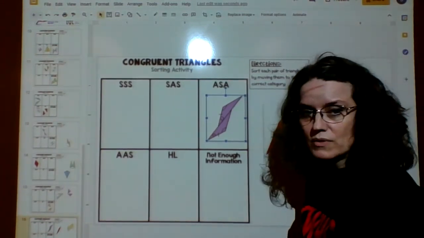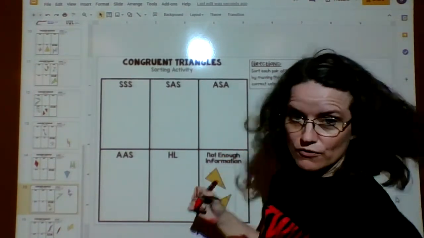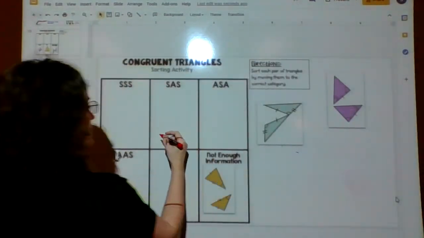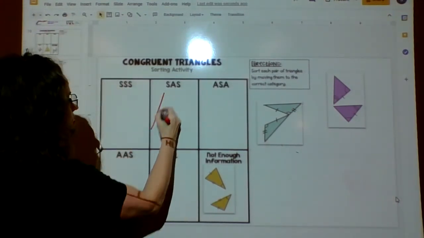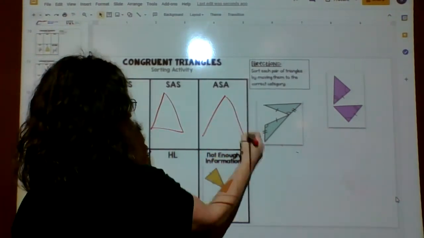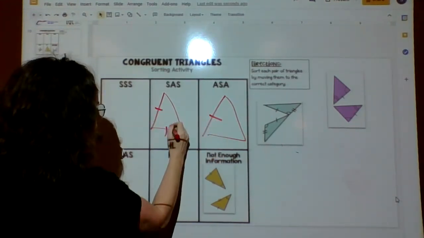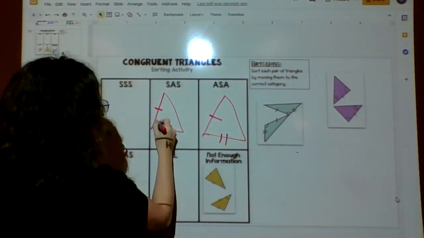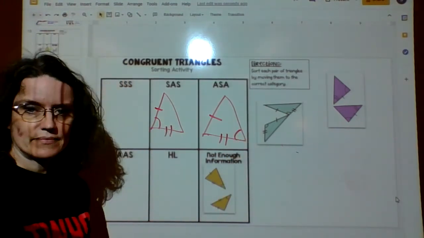Okay, now the main thing you're going to have to watch out for is trick ones that make you think you have the information you need, but you really don't. So if you had a triangle like this and a triangle like this, and I told you these guys match and these guys match, and I gave you this angle and I gave you this angle, okay?